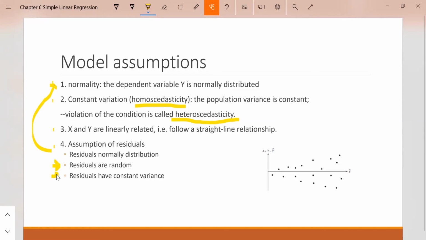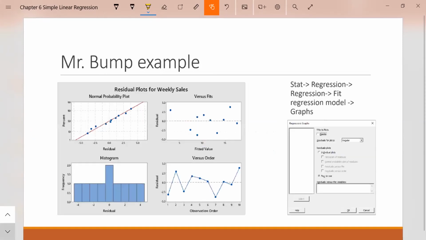We also want the residuals to have constant variance, and this is also related to number 2. We want the population variance to be constant. Sounds like a lot, right? We have so many assumptions. Don't worry too much, because once we examine the residuals, we will be able to check every one of them. So what I'm showing here is the residual plot for the simple linear regression model from Minitab.